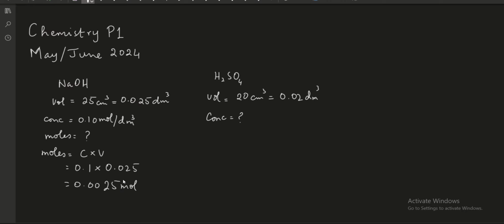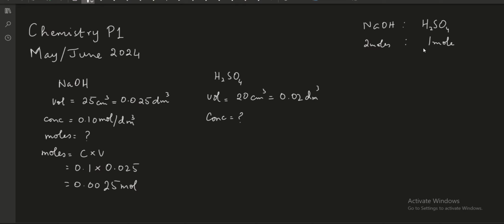Okay, now we know from the equation that sodium hydroxide reacts with sulfuric acid in a ratio of 2:1. 2 moles of sodium hydroxide react with 1 mole of sulfuric acid. We have got it from the equation that is given in the paper.